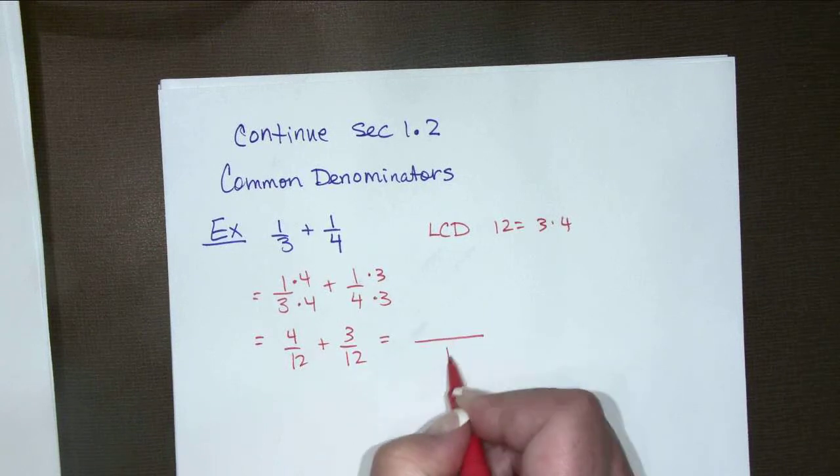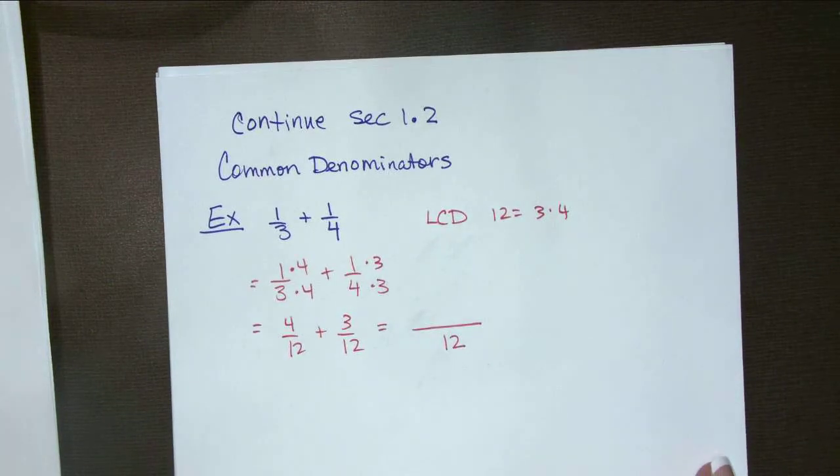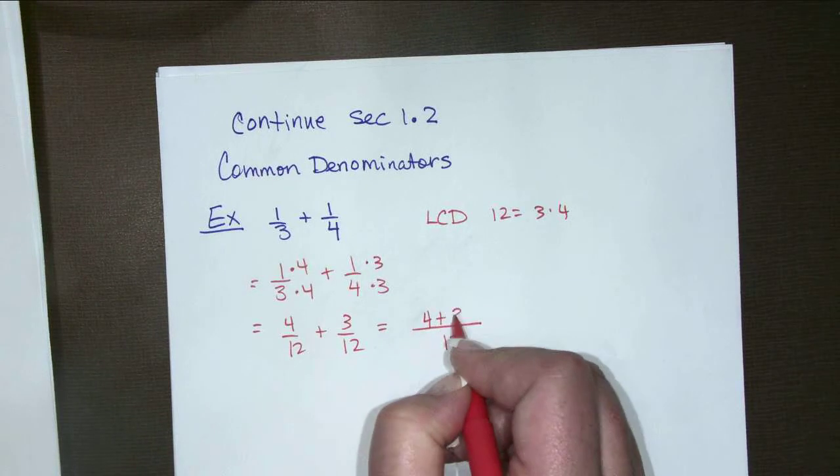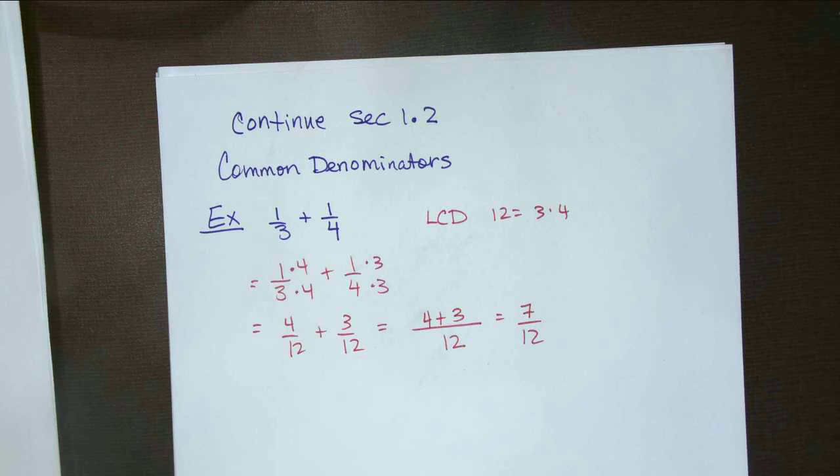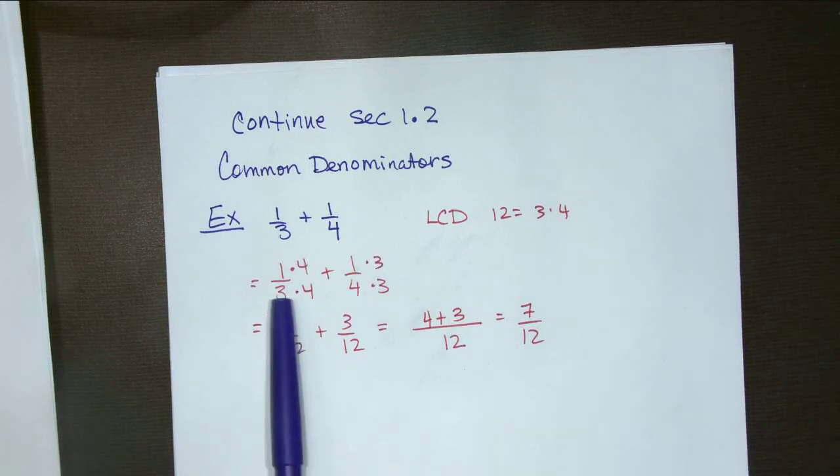And once you have a common denominator, you've got 3 pieces out of 12 plus 4 pieces out of 12, which is 7 pieces out of 12. So that's type 1, where you need to change both denominators.